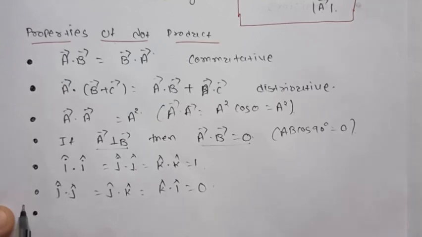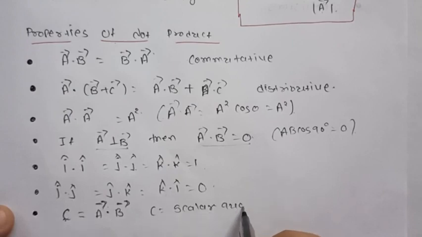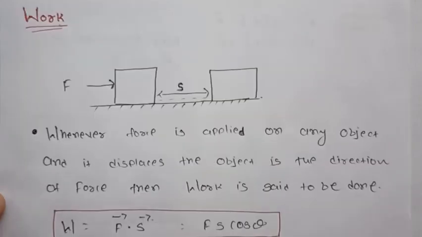Whenever we do a scalar product, for example if it is given that C is equal to A dot B, then this quantity C will be a scalar quantity. That is the reason it is called the scalar product.